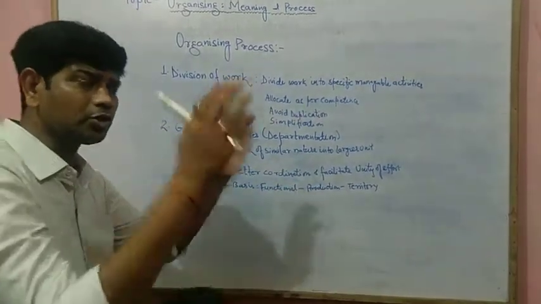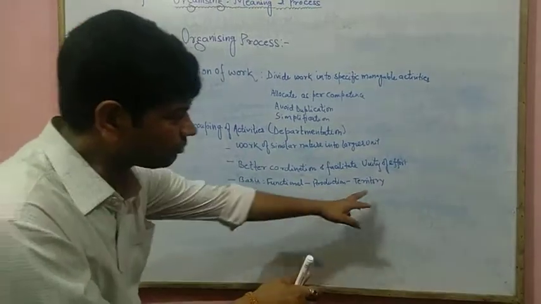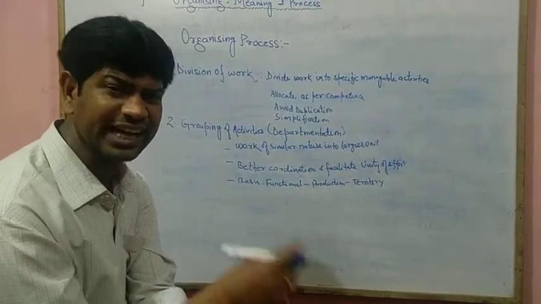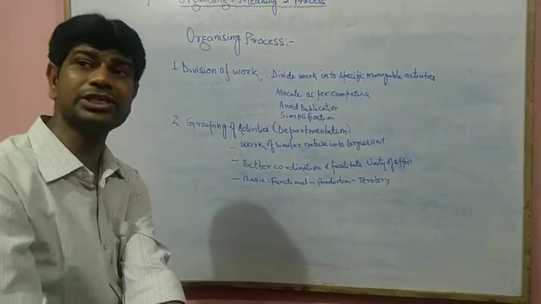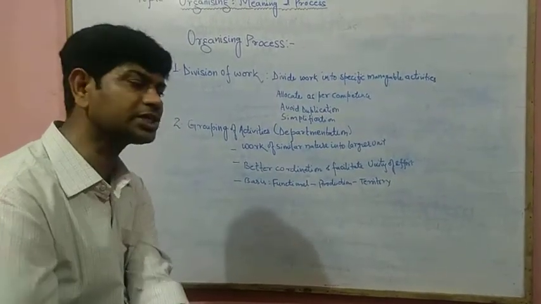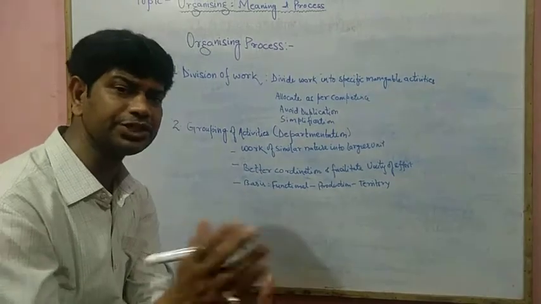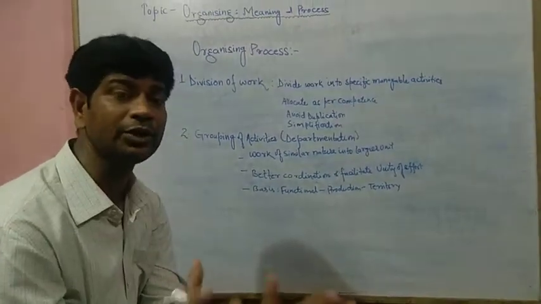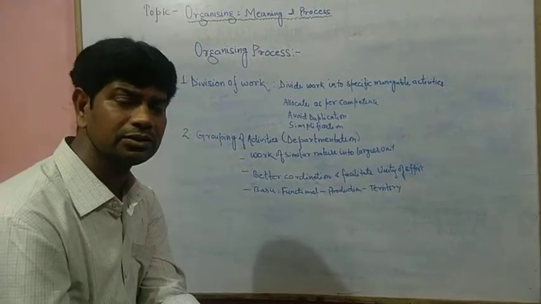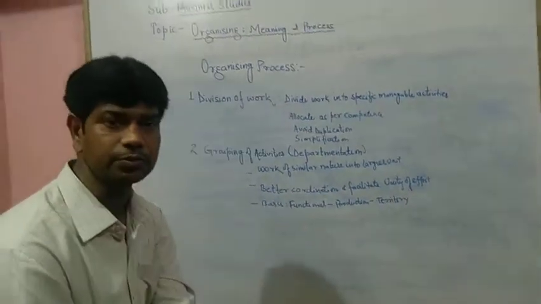Then we can also group the activities on the basis of territory, like division. Some of the divisions, like the Eastern Division, the Southern Division, and each division, or on the basis of some territories where they are located and what they specialize in.